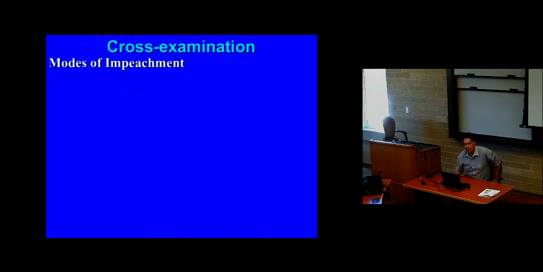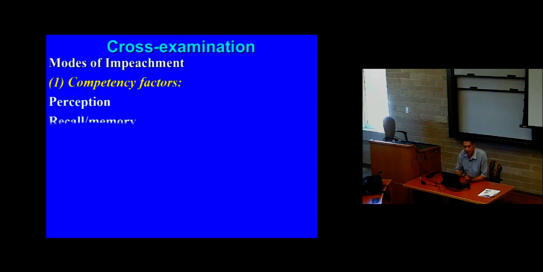Okay, so let's think a little bit more about the way in which we impeach. You go after the competency factors, and we already dealt with those. Perception, recall, memory, communication, narration, your ability to make sense of plausible stories. Those are certainly areas to go after.